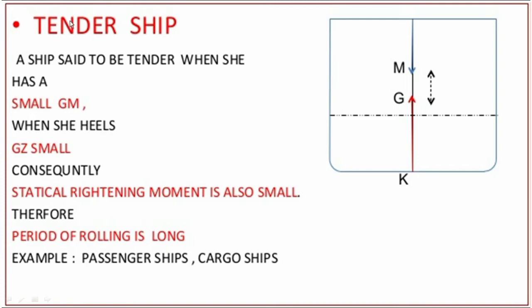Long. So tender, long rolling period. Stiff, short rolling period. When I was still a college student like you, I had that in my mind, that when we say stiff, that is short rolling period, SS, and then tender for long rolling period.